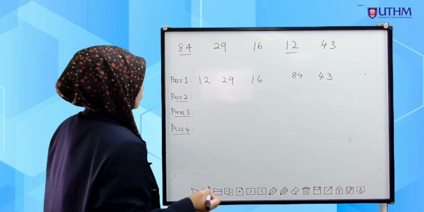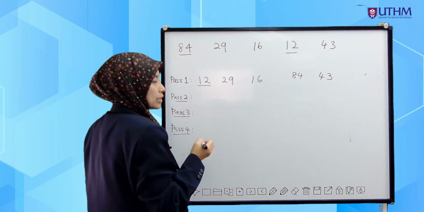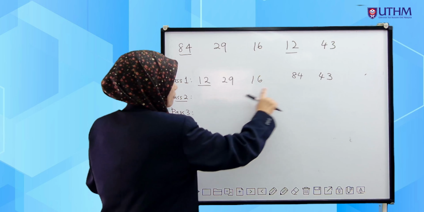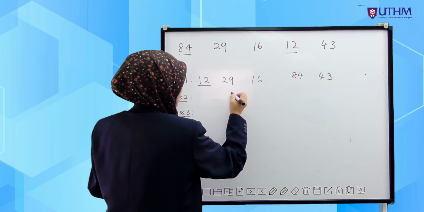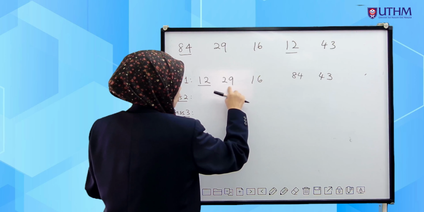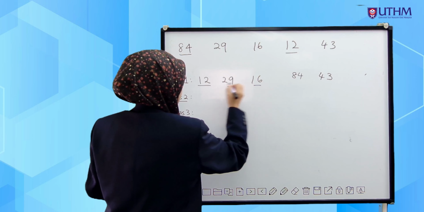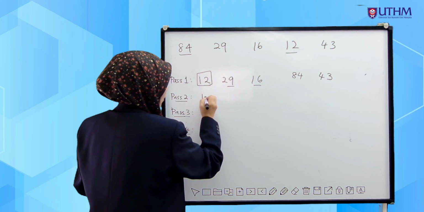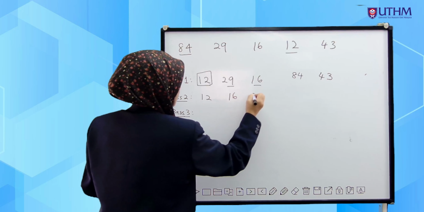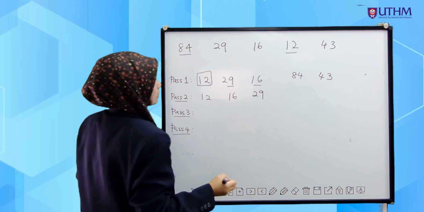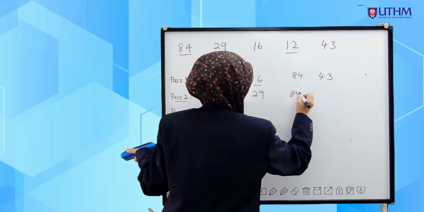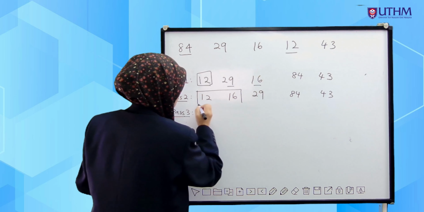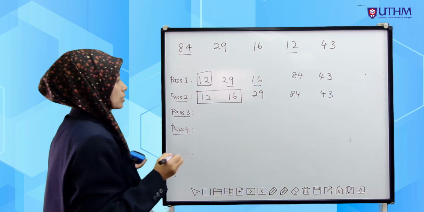Now the first value is already sorted. This is our 2nd position. Find the smallest value. In this case, we are going to swap 29 and 16. So now you have 12, 16, 29, followed by 84 and 43. After 2 passes, 2 values are already sorted.